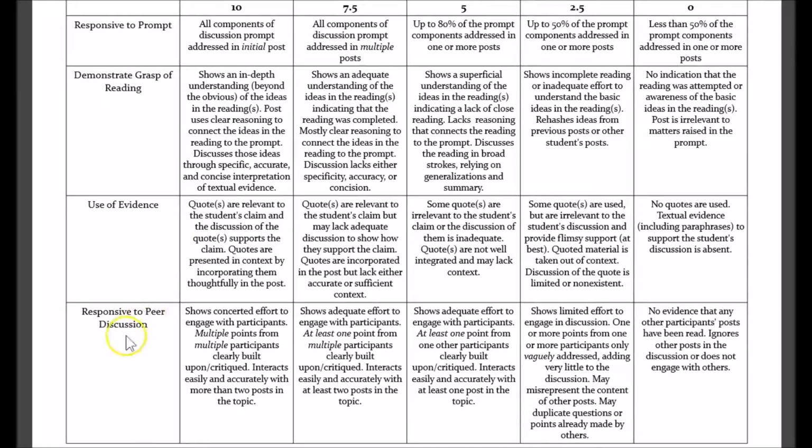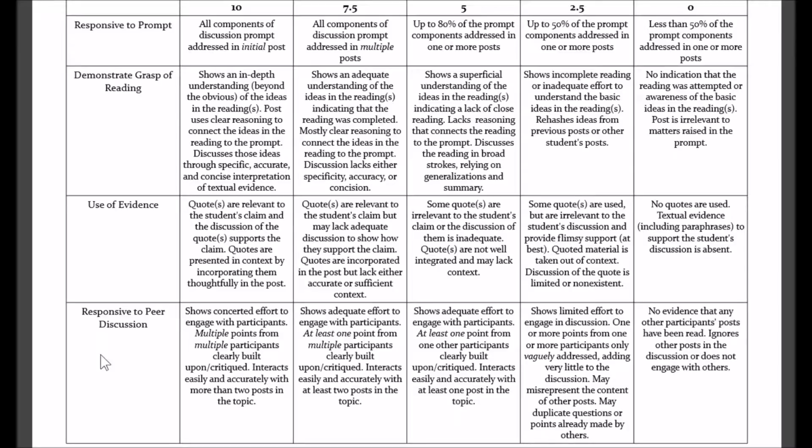Next topic, responsive to peer discussion. Okay, so in the online discussion, you have two components, right? You have your original contribution, which is the 200-word requirement, and that's what the due date for the discussion is there for. But then you also have a second type of contribution, and this is where you post a reply to at least one other student's post.